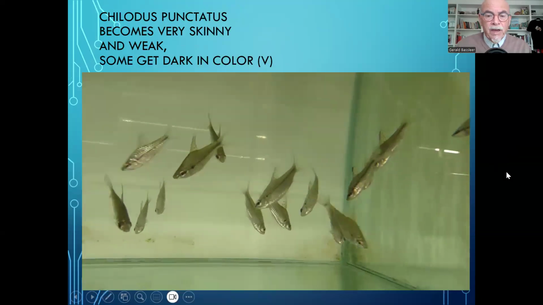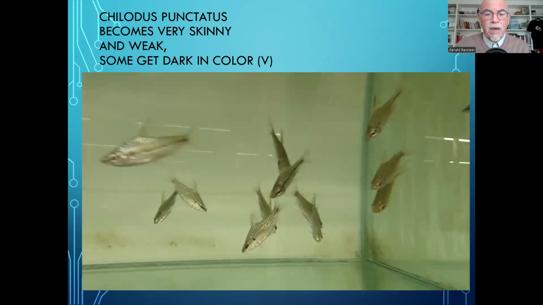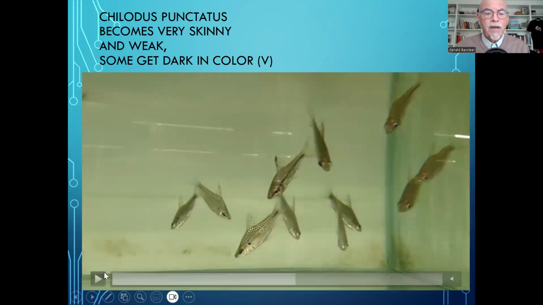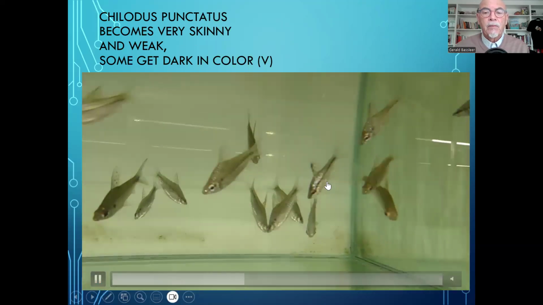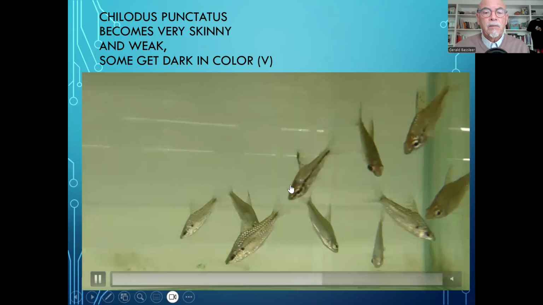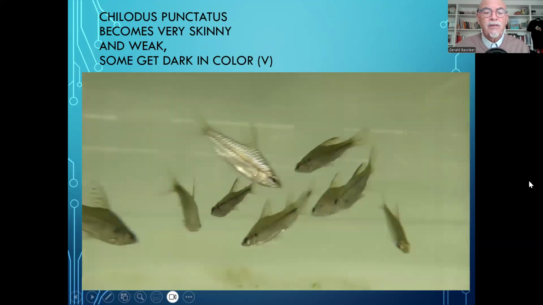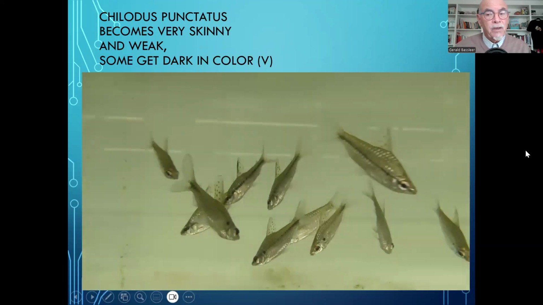The Chilodus punctatus, which we observed, became skinny, and some, like this one here, I repeat again, became dark, weak, and that's the one we select and take out. And that is something we have to find out when one fish shows that particular sign or symptom.